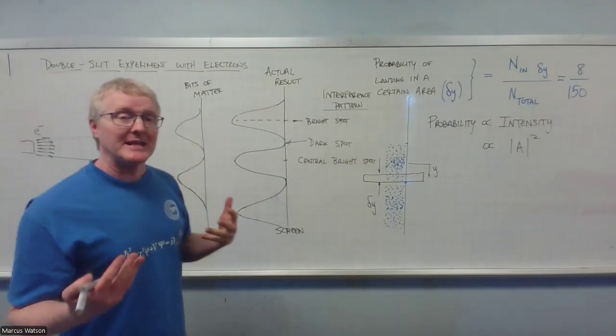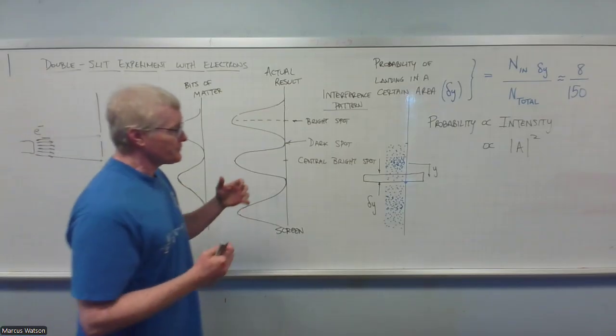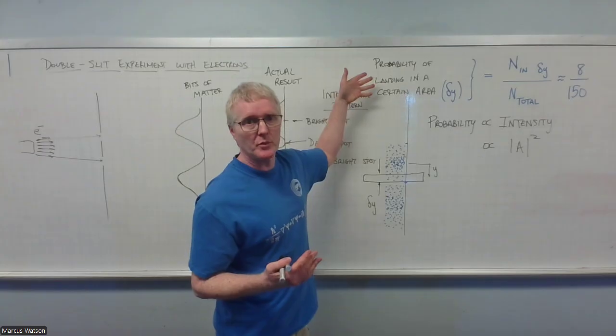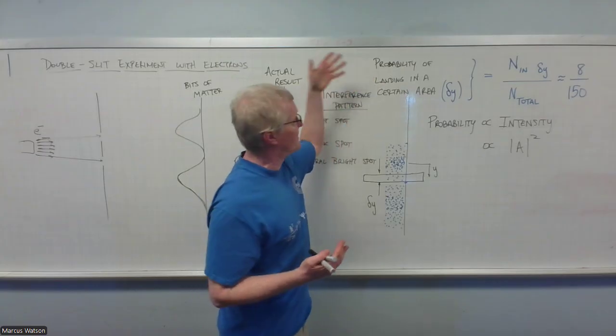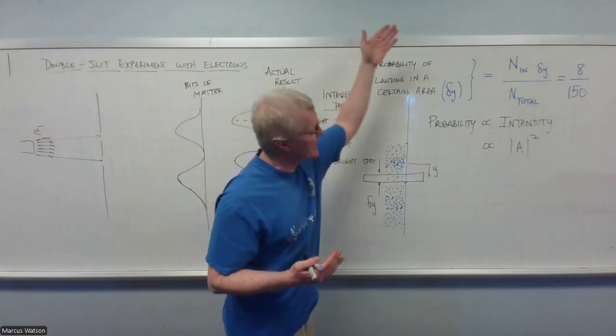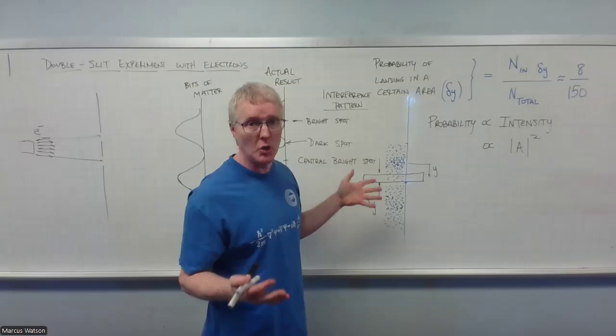Because electrons exhibit this wave characteristic, we are then going to move to the same line of reasoning as we just had with the light and the photons. I'm going to say there's a probability of landing in a certain area. And that's going to be related to the number I find in there divided by the number that I shot at the screen in total.